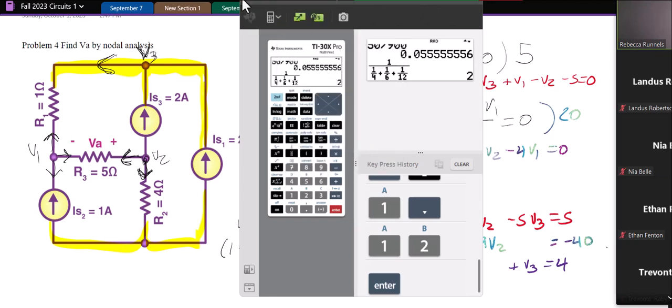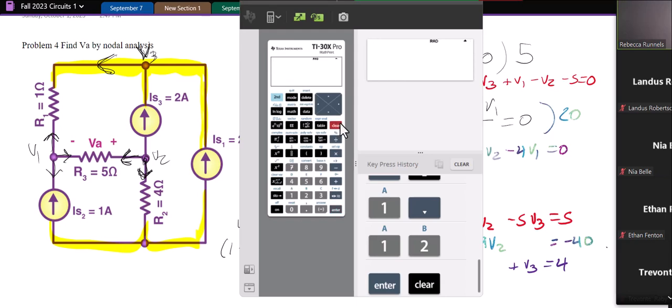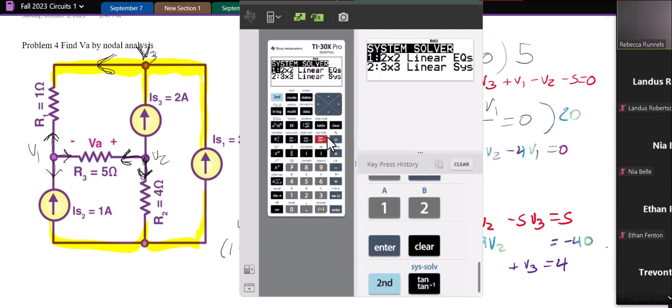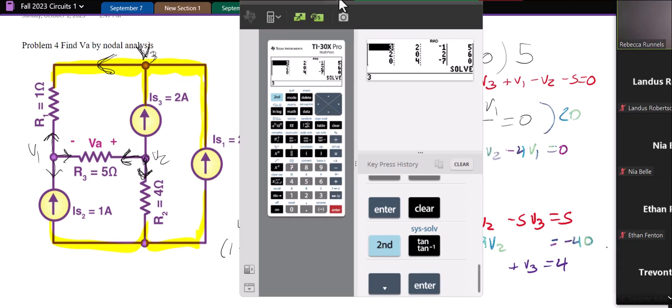I do love calculators, so if you have a calculator and want to know how to use it, I'd probably love to figure it out. So this one has system solve, and I'll go to 3x3 linear systems, and then just have to put in my coefficients if I can get to them.